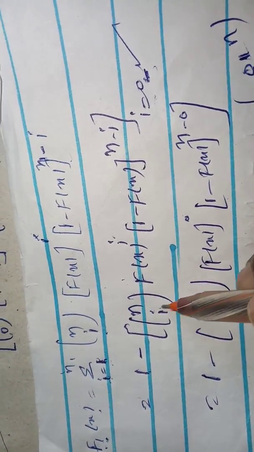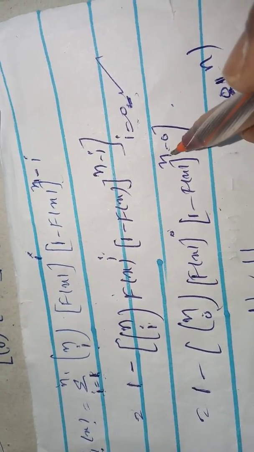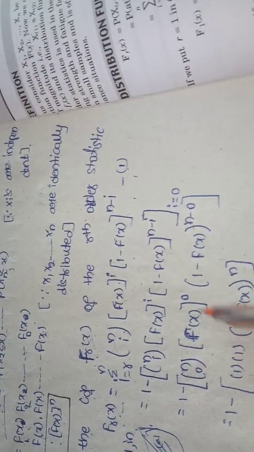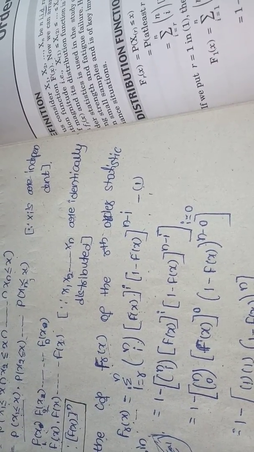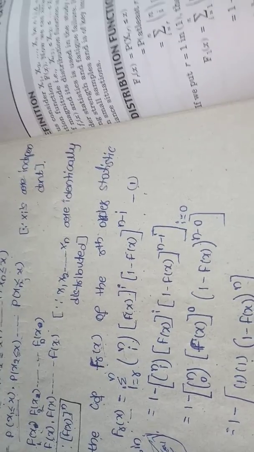So in the place of i, substitute i equals 0, that is nC0 F(x) whole power 0 times (1 minus F(x)) whole power n minus 0. nC0 means 1, something power 0 means 1, and 1 minus F(x) power n minus 0 means power n.